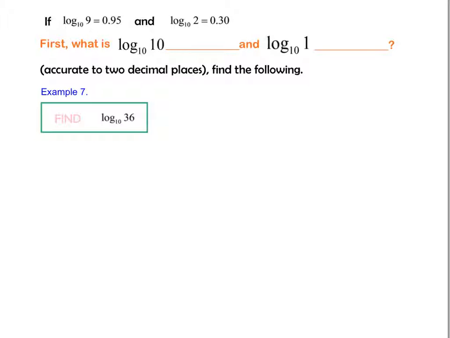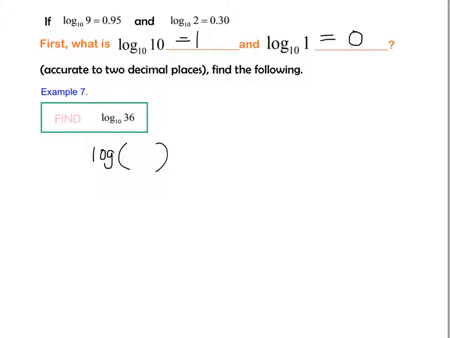Okay, same example. Let's just do one more here. So we already filled this out on the first side. We know log base 10 of 10 is 1, and log base 10 of 1 is 0. So let's find log base 10 of 36. So let's rewrite that as a product of things we know. So let's rewrite 36 as, I'm not going to write base 10 because that's redundant.